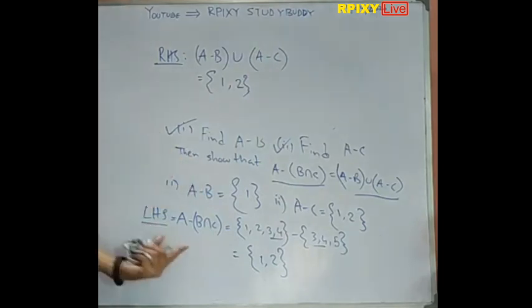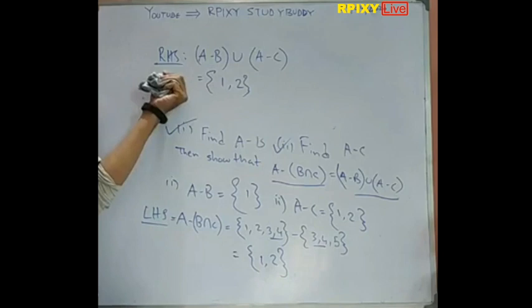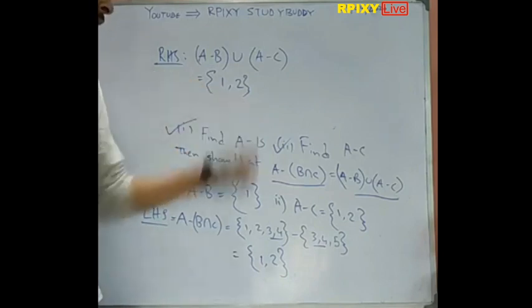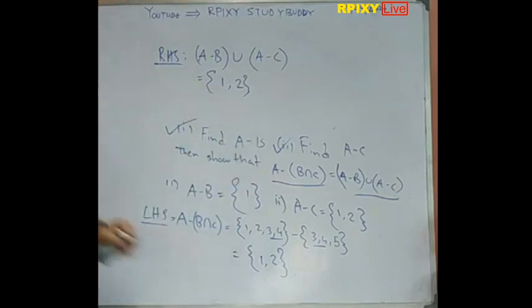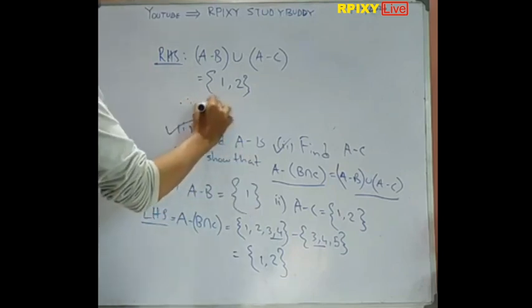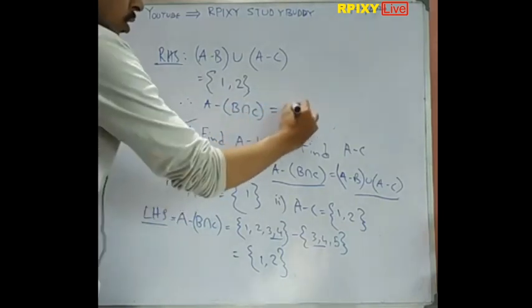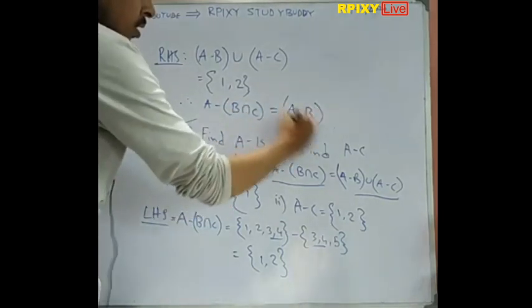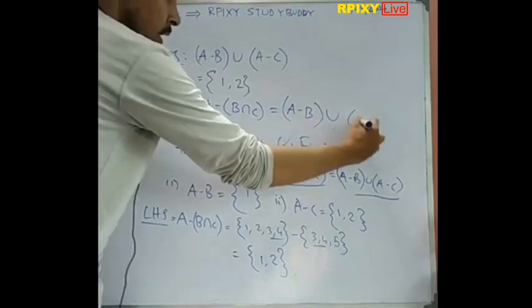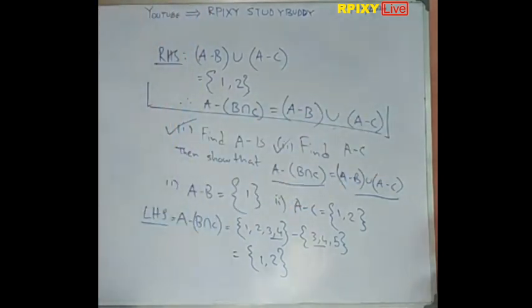See, the left hand side is a set having the elements 1, 2, and the right hand side is also a set having the elements 1, 2. That means these two are equal. Therefore, you can write A minus of B intersection C is equal to A minus B union A minus C. So this is the solution of the question.